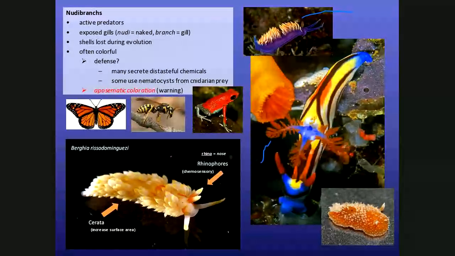They migrate throughout the body until they end up being collected in these projections, these serrata, these yellow things sticking off the nudibranch, or just in the skin in general. So a predator trying to eat a nudibranch is going to get a mouthful of stinging cells, right? This is what we call aposematic coloration, warning coloration. It's the reason why wasps and bees have the black and the yellow. It reminds critters, don't mess with me.